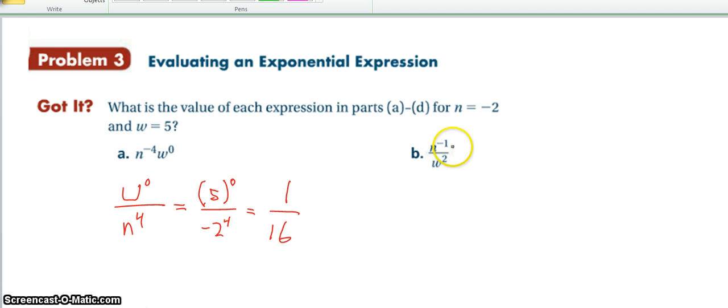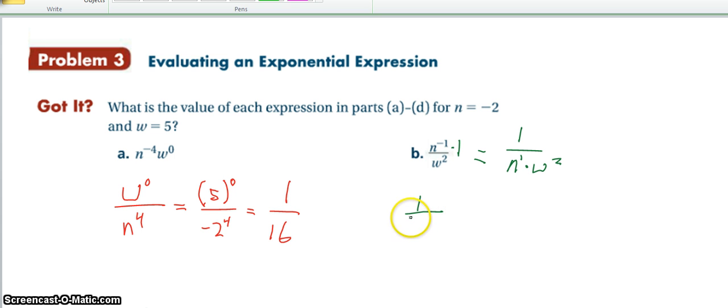The n to the negative 1 on top, well remember, everything is always times a 1, because that does not change anything. So that negative 1 tells me to take that to the denominator. So this now becomes just 1 on top, n on bottom with a first power, which we don't really need to write, w on bottom squared. Now I can substitute in.